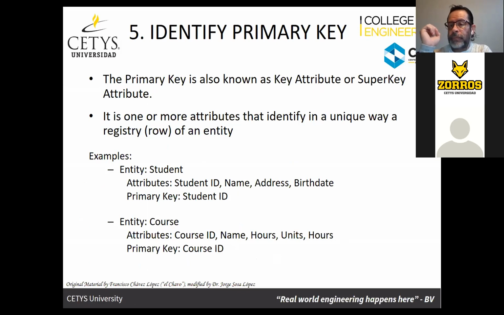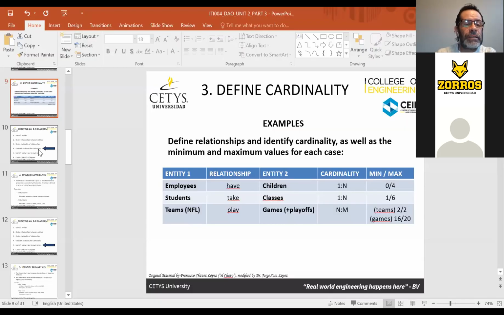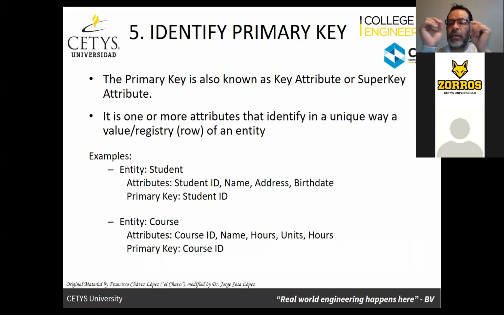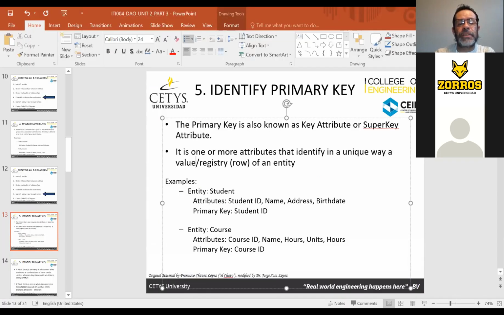It's one attribute, or a combination of attributes, called key attributes or super key attributes, that helps me identify in a unique way a registry, a row, or a specific value, a specific instance of the entity.